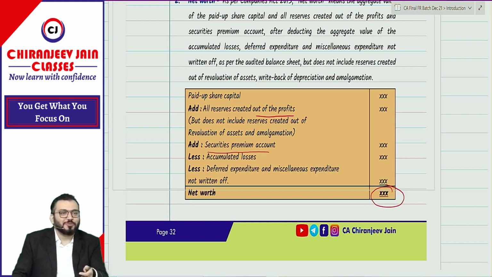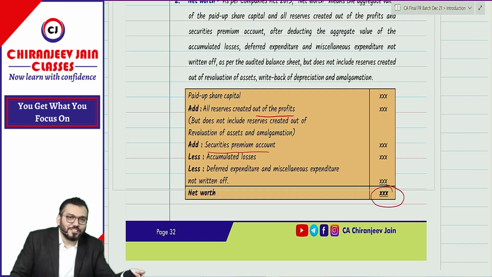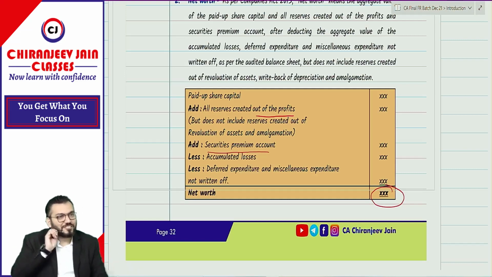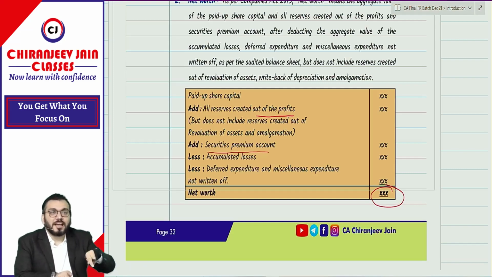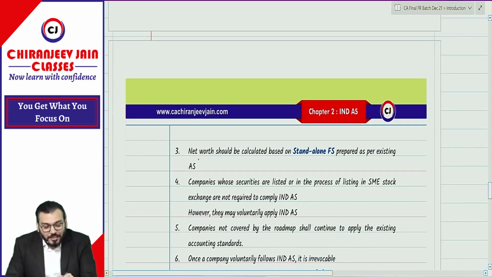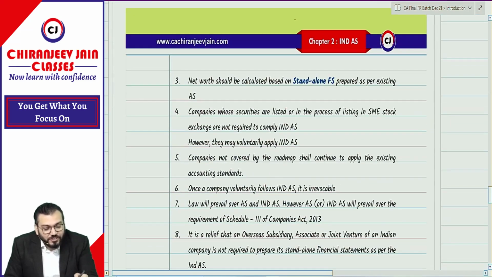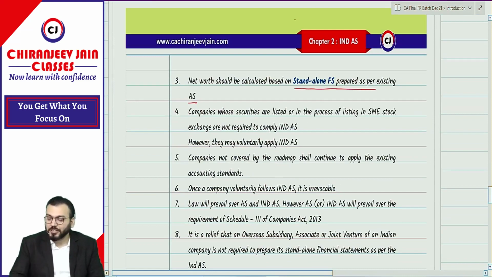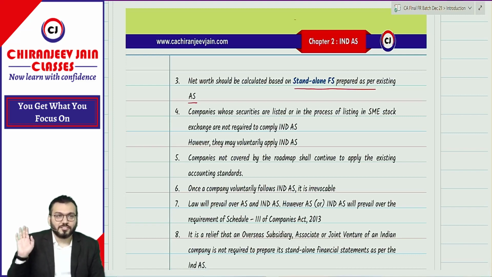Accounting standard, because if you calculate net worth based on Ind accounting standard, then it is applicable only. So net worth should be calculated based on the standalone financial statement prepared as per existing accounting standard. Understood? Correct? No doubt.